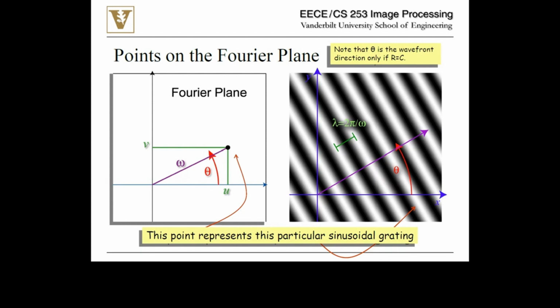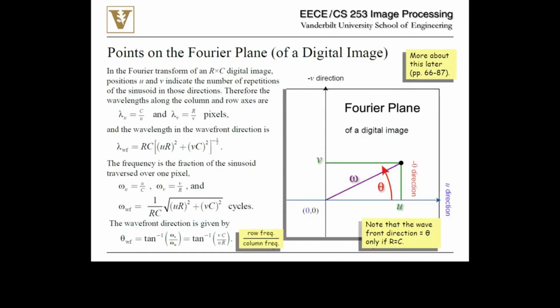And then you have another wavelength, that is the wavelength in the direction of propagation. So along this line, you have a different distance. You can relate the 3 distances this way. You can compute the wavelength in x, the wavelength in y, and then the wavelength in the direction of propagation. It uses the size of the image and the 2 frequencies that you are looking at.